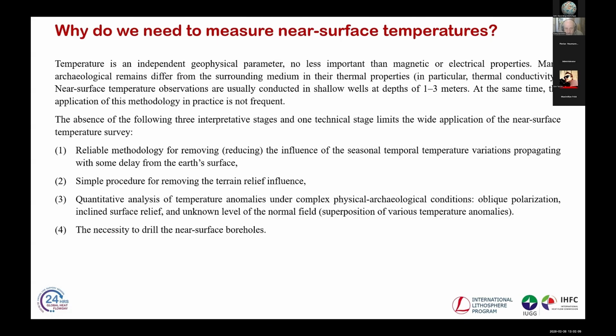The absence of the following 3 interpretive stages and 1 technical stage limits the wide application of the near-surface temperature survey.